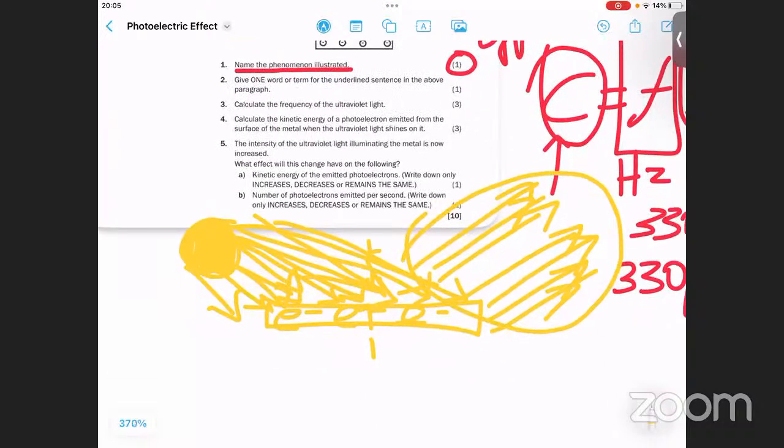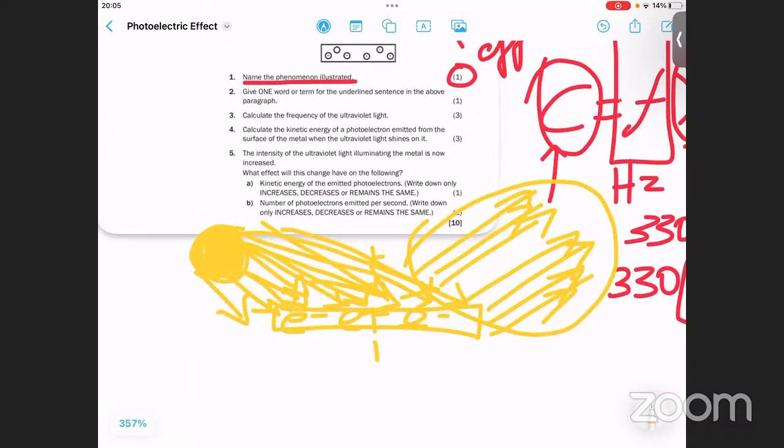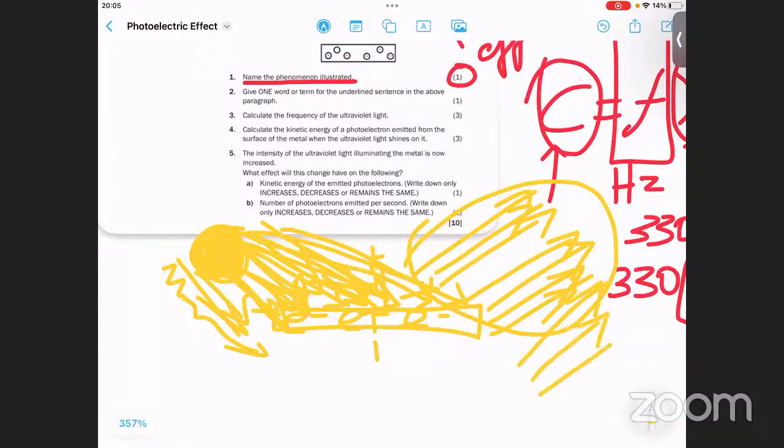It doesn't increase the speed, therefore it doesn't increase the energy. It's only if the frequency increases that the energy emitted will increase. But when we talk about the intensity, it doesn't influence the energy.